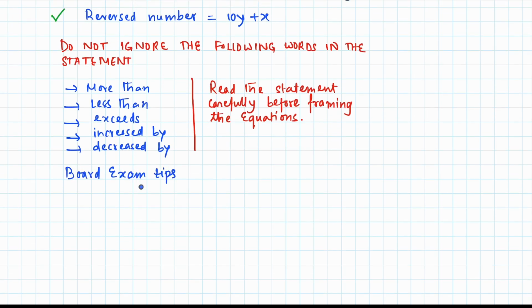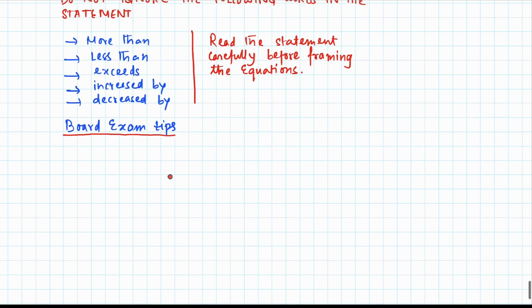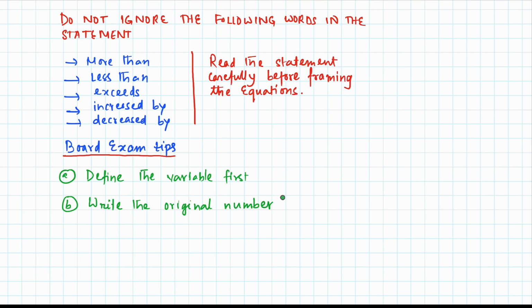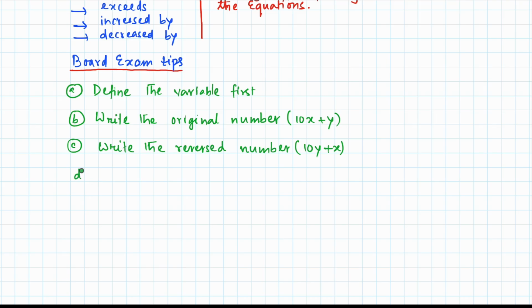Now, board exam tips. What is important in the board exam? Define the variables first, that is for the tens and unit place. Write the original number properly, not as a sum of the digits but as 10 times x plus y. Write the reverse number also properly. Interchange the variables, that is here 10y plus x.